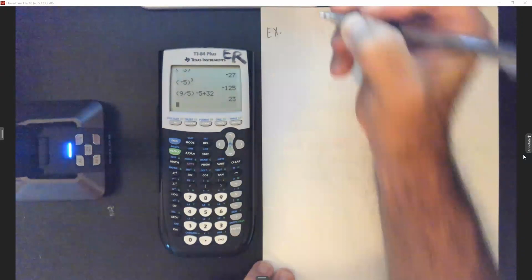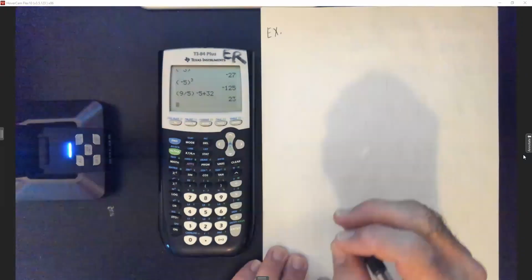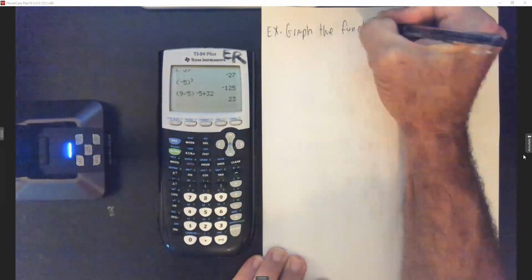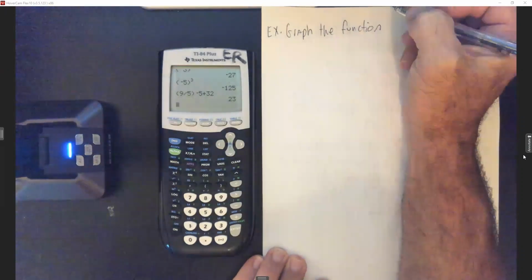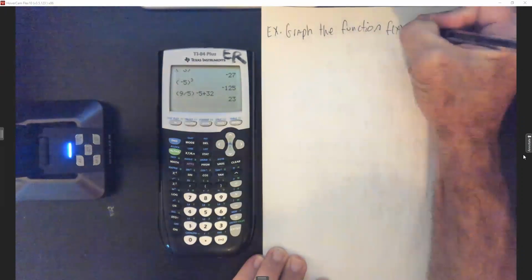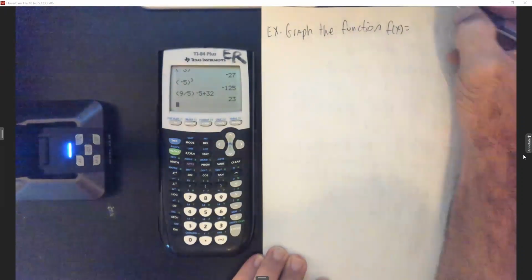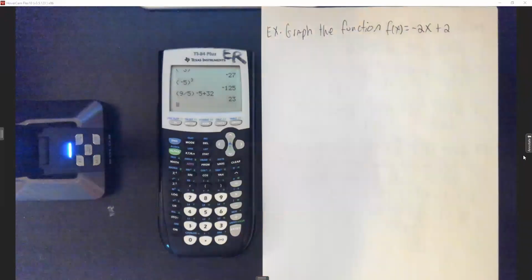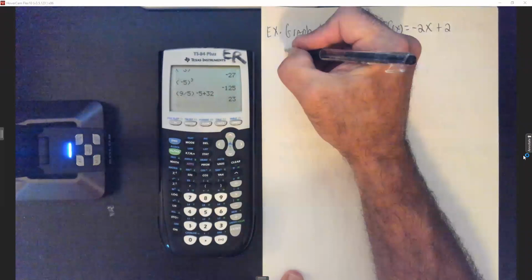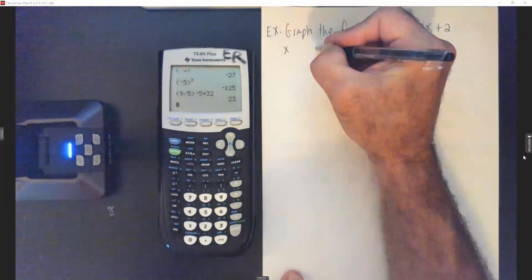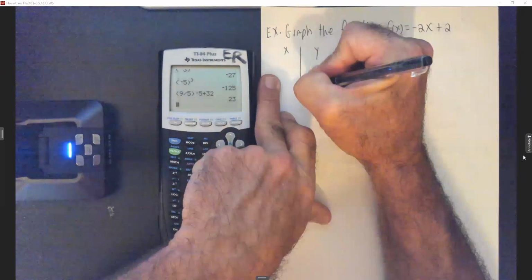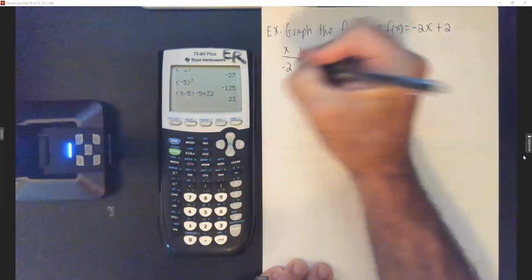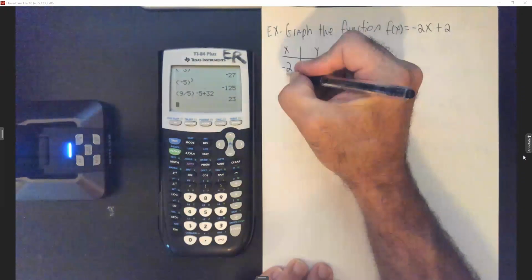All right, we're going to graph the function f of x equals -2x plus 2. Now, y'all, on this one, they're giving you a table to set up. They're giving me 3 x values, -2, 0, and 2.